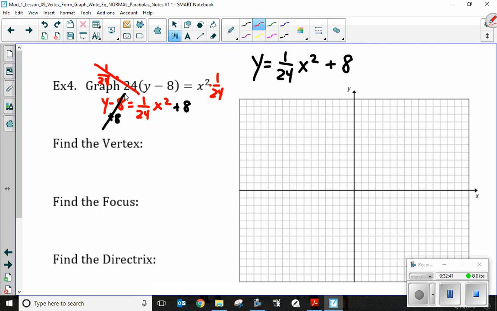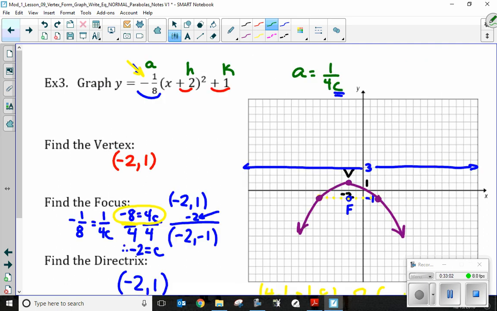So now let's start with everything. And let's not forget our money shot here: a equals 1 over 4c. Now, my vertex is my h and my k. Here's my k, but I don't seem to have an h. Let me look at our previous problems.